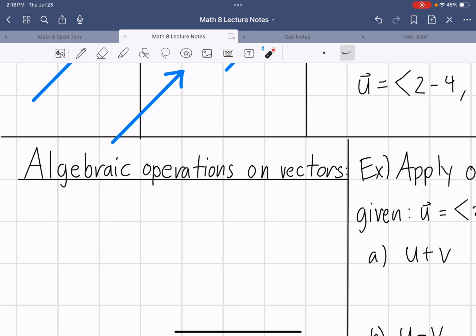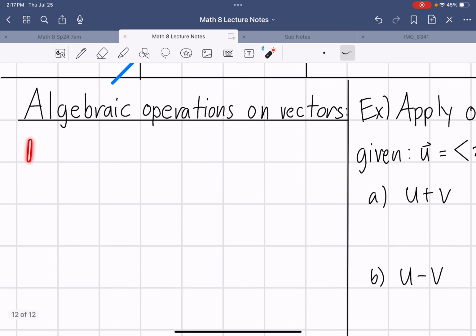Well, we're going to do the same with these vectors, trying to understand how does multiplication, addition, subtraction, how does that play a role with a vector?